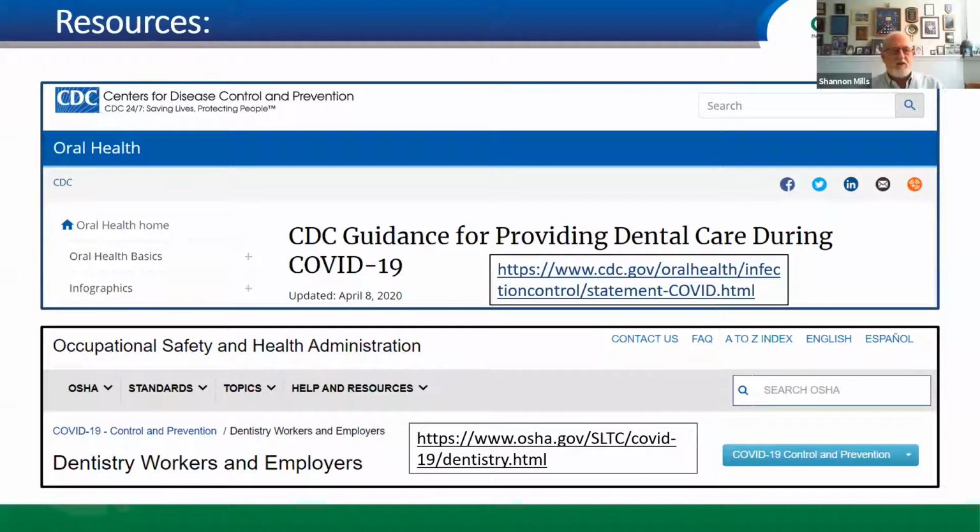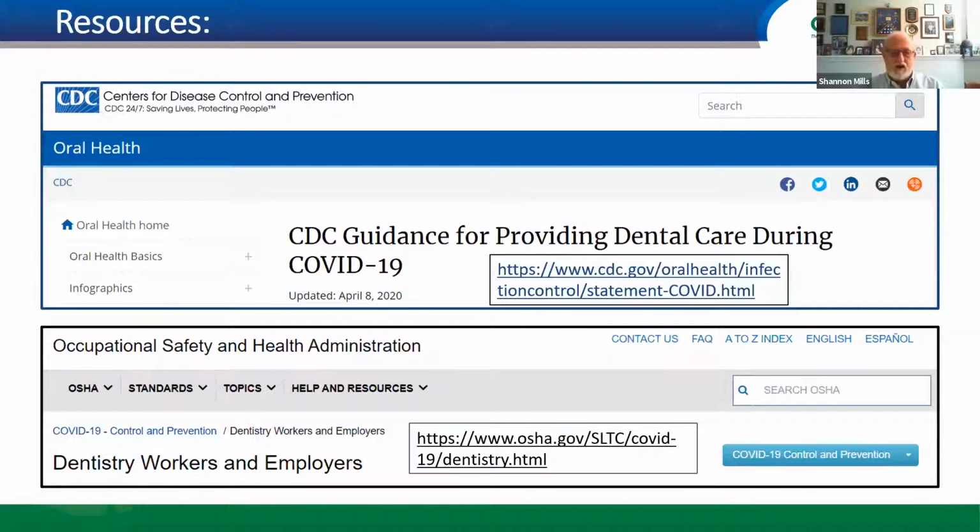Now, the Occupational Safety and Health Administration has likewise come out with something they typically don't do. They've actually written guidance, and that's because of the urgency of the situation. Normally, what OSHA does is promulgate regulations to which you are obliged to comply, with penalties if you don't. Not so in this case. Their guidelines are voluntary.